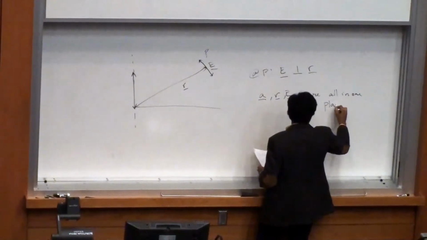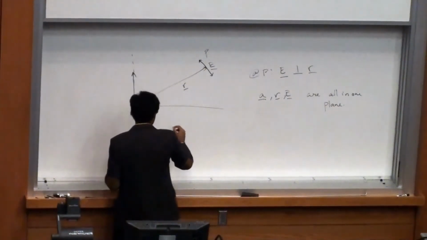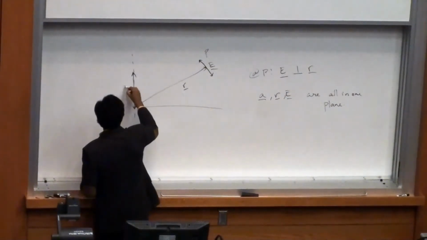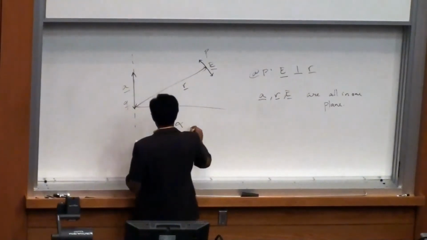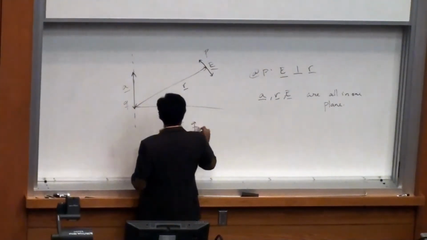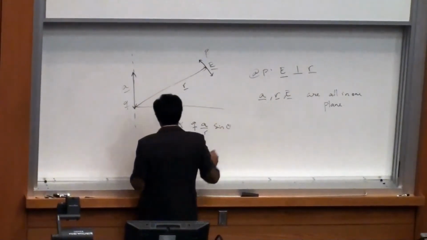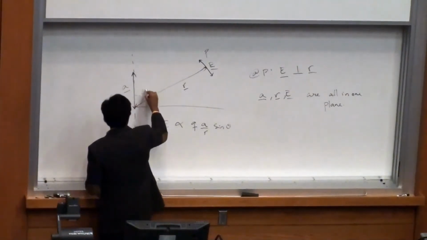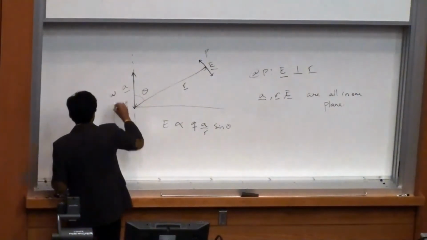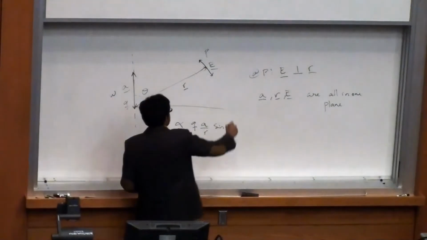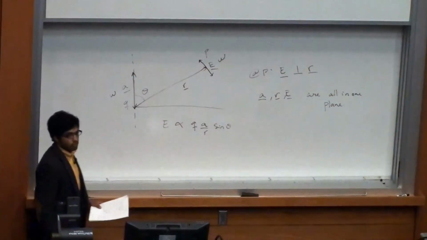We also saw that with a point charge Q, my electric field is proportional to Q A over R times sine of the angle between them, this being my angle. And I'm oscillating this at a certain frequency omega, which means the electric field in turn also oscillates at the same frequency omega.